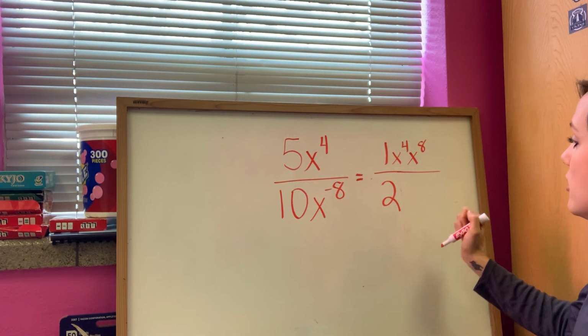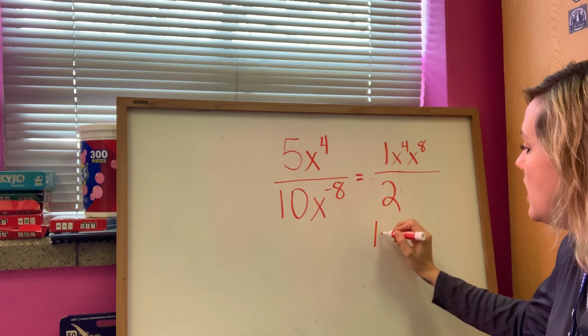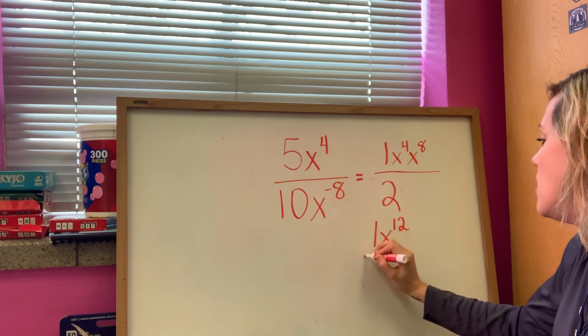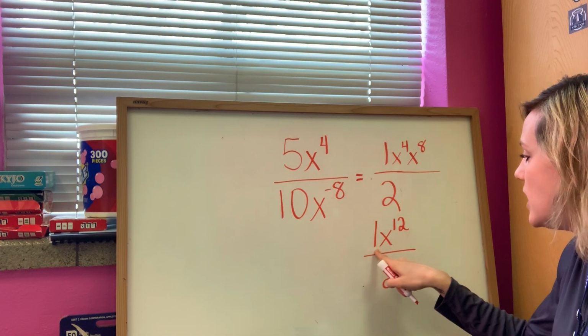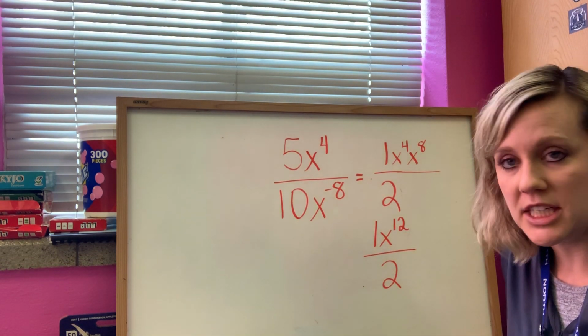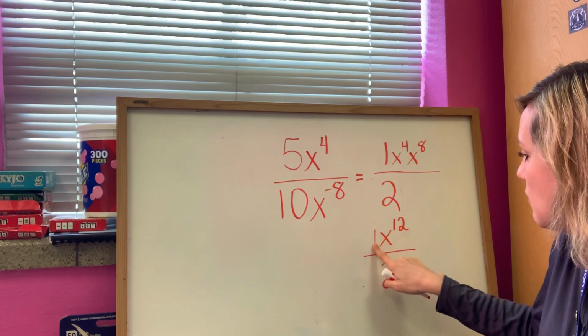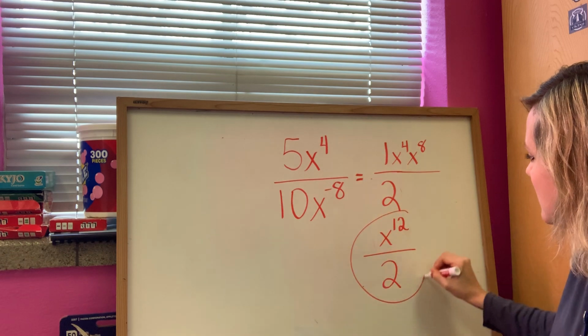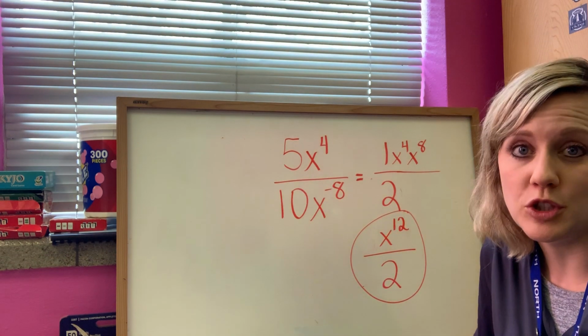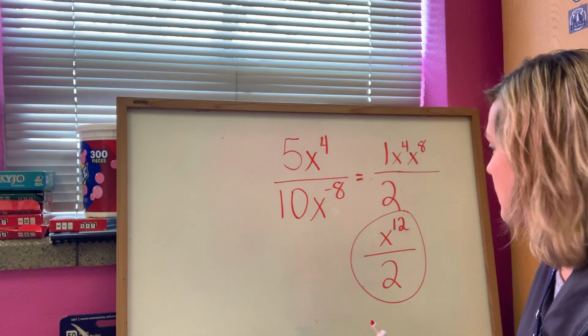So the simplified version of this would be 1x to the 12th over 2. But then 1 we don't really need there because 1 times x to the 12th power doesn't change it. So I'm just going to erase that 1, and our final answer would be x to the 12th power over 2.